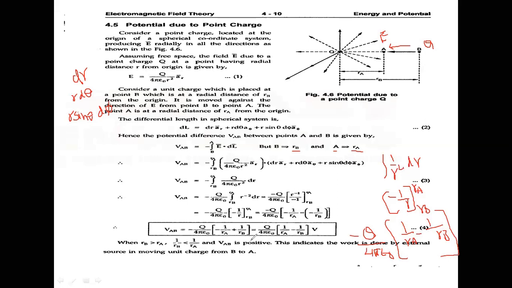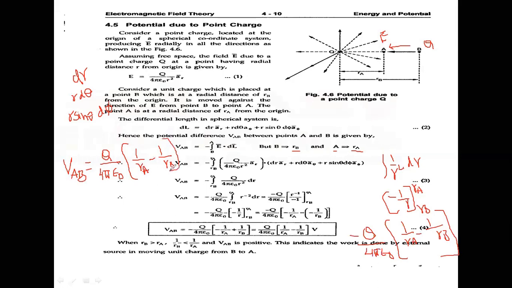VAB is equal to, multiplying the minus with the two terms 1 by RA minus 1 by RB, the voltage VAB is equal to Q by 4 pi epsilon naught into 1 by RA minus 1 by RB.